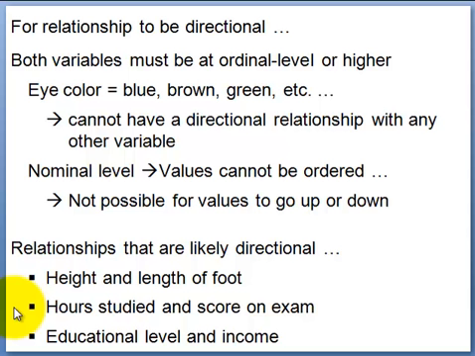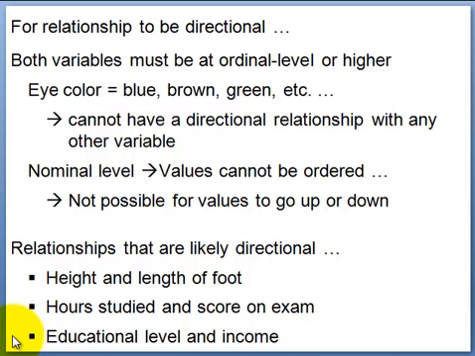Now, we'll discuss this in Chapter 8. I think it's possible to study, for instance, too much for an exam and get so tired and frayed that your score starts to go down from overstudy. But for the most part, we're going to have a directional and positive relationship. And this third one is a positive directional relationship. As education level goes up, so does income. And I'll just sneak in a comment.